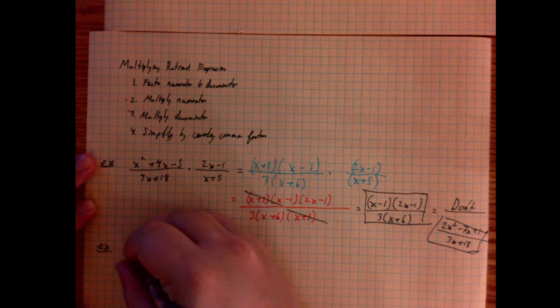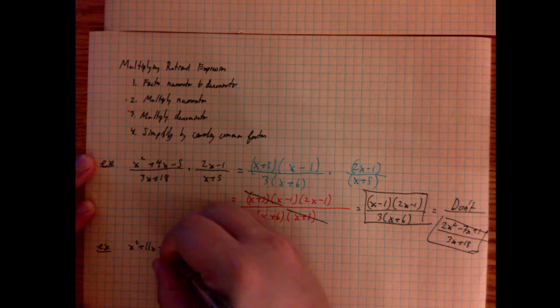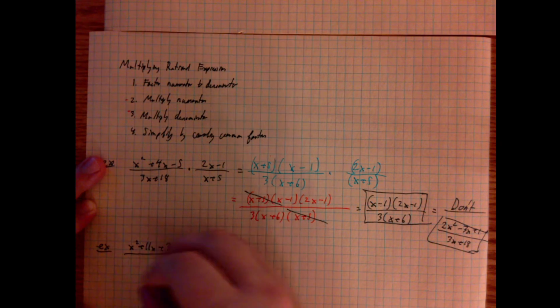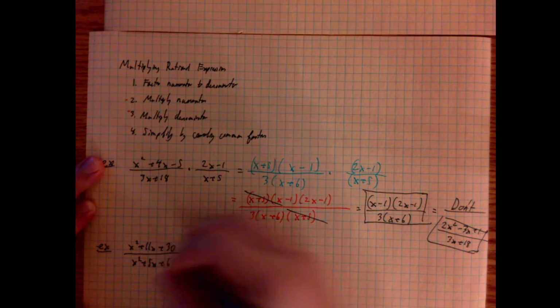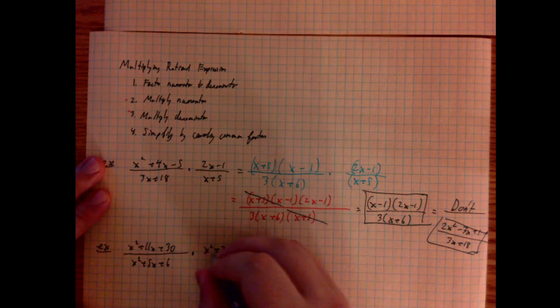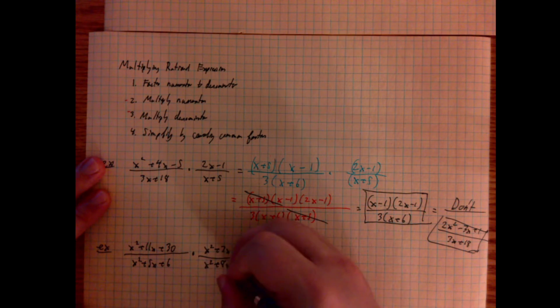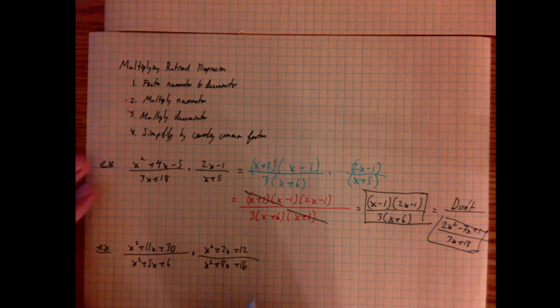Let's look at our next problem. x squared plus 11x plus 30 all over x squared plus 5x plus 6, times x squared plus 7x plus 12 all over x squared plus 8x plus 16.